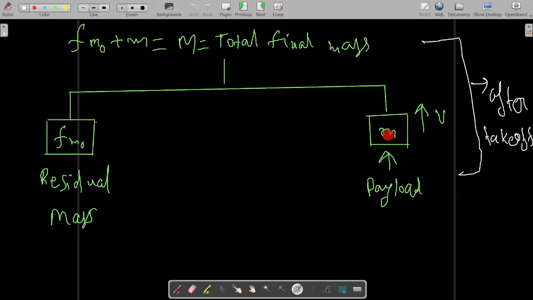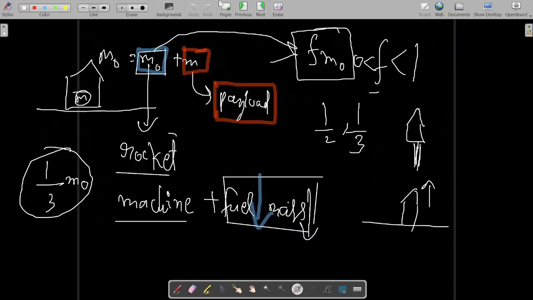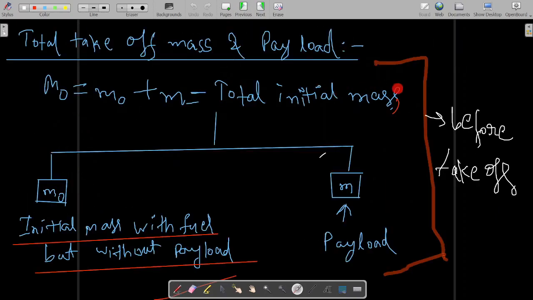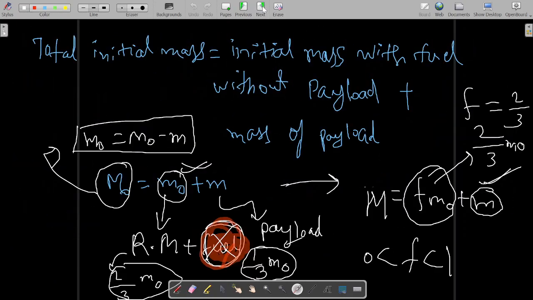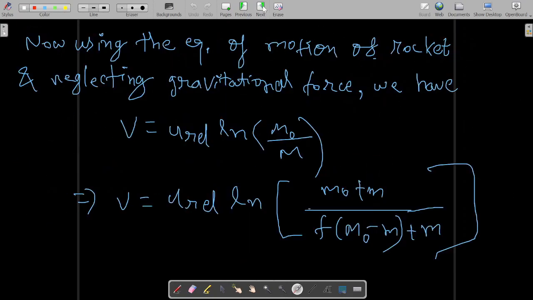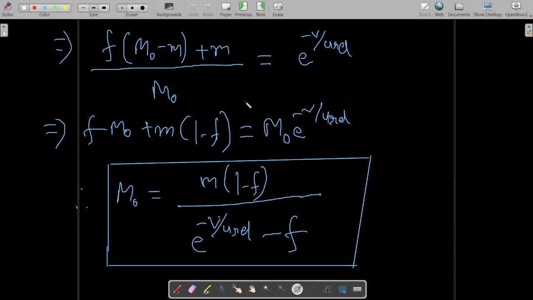Small m is the mass of payload and capital M0 is the total initial mass of the rocket before takeoff. So you have found out this capital M0 in terms of small m, that is total initial mass of the rocket before takeoff in terms of mass of payload. So you found this.